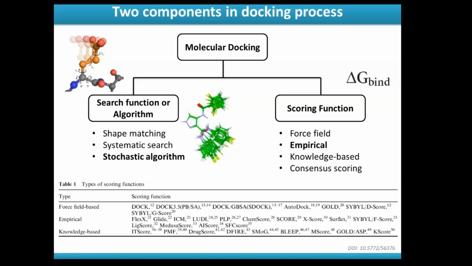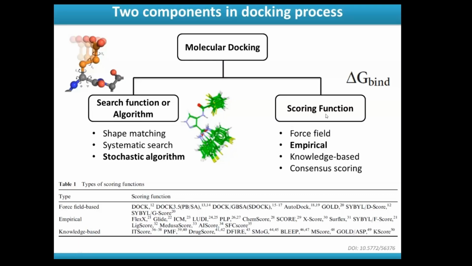Stochastic algorithms take less time to optimize the ligand and perform the search for ligand conformations at a much faster rate. The program which we are going to use, Autodock, also uses a stochastic genetic algorithm.